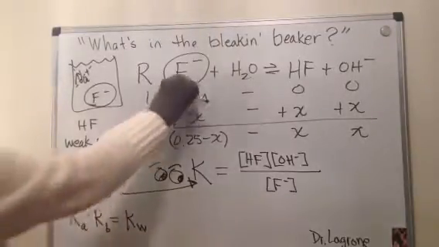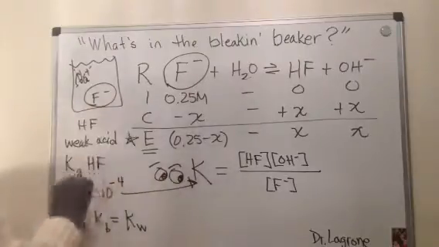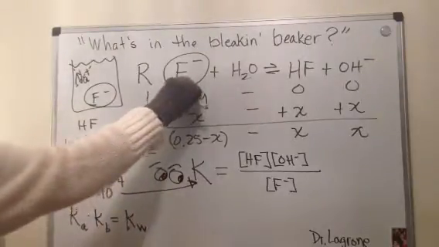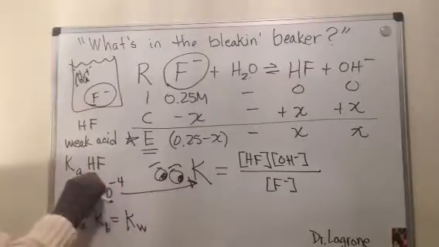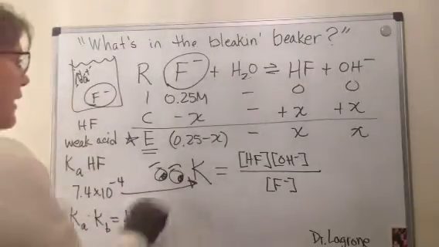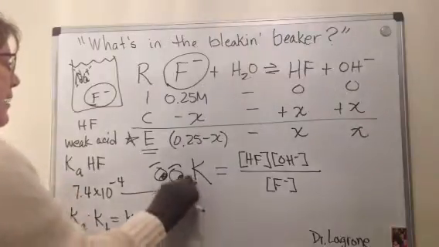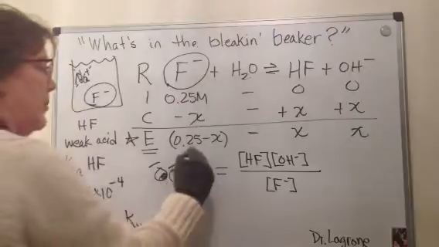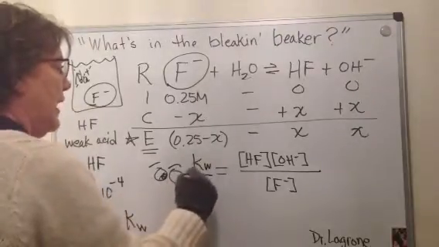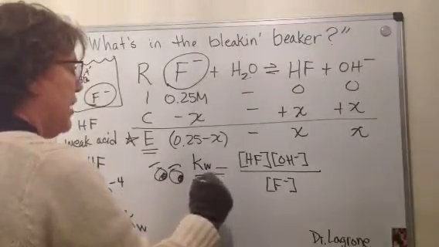Did they give you K for this? Plug it in. But they didn't give you the K for that species. They gave you the K for its conjugate acid, HF. Therefore, before I can plug that value in, I must plug it in as a ratio, Kw over K of the acid HF.